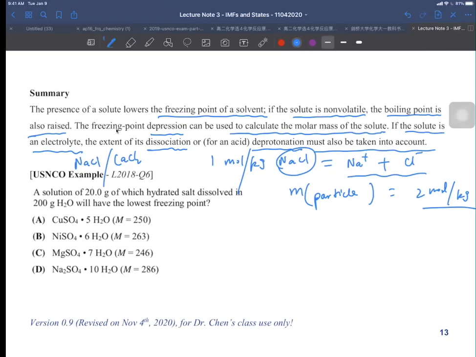Okay, guys, let's have a quick look at this question. You need to pay attention to the dissociation, okay? We do have tight time, but I want to ensure all of you have a good understanding. So if you have any question, please let me know, okay?